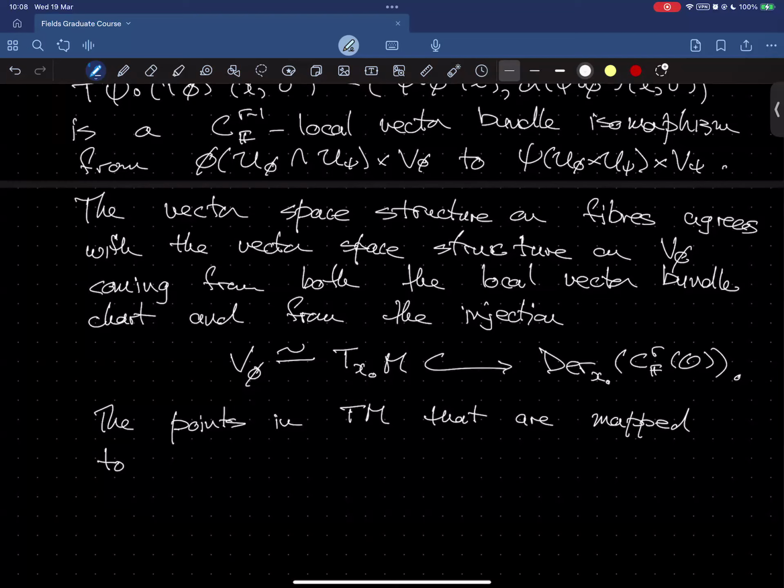The definition of the base space of a vector bundle is that it's the set of points in E which, in any vector bundle chart, are mapped to 0 in the fiber part.